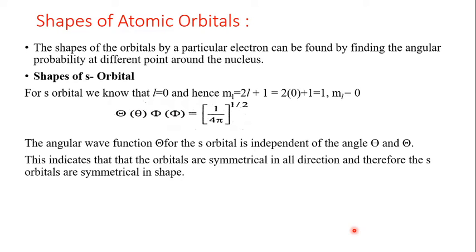The angular wave function for the s orbital is independent of the angles theta and phi. This indicates that the orbital is symmetrical in all directions, and therefore the s orbital is spherical in shape.